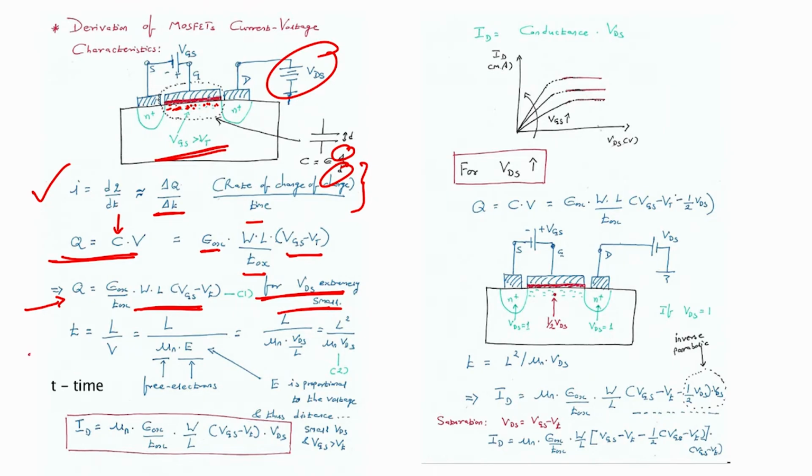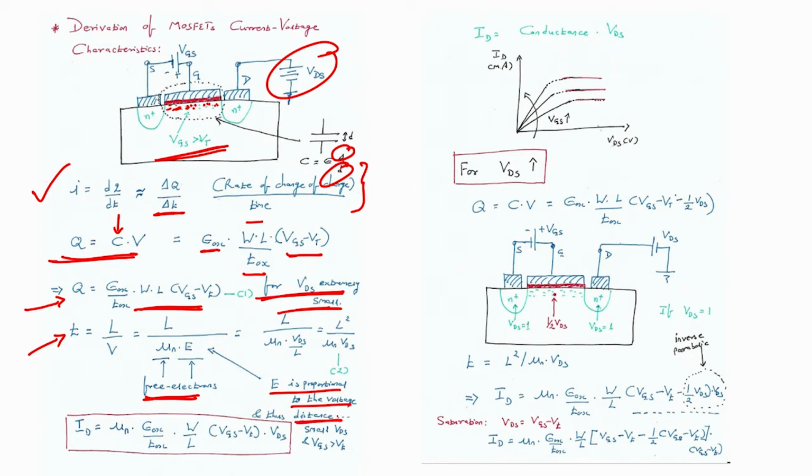Now, what is my T? T is L by V, the length divided by velocity. What is V? V is mu into E, where mu is the mobility of free electrons and E is proportional to the voltage and thus distance.